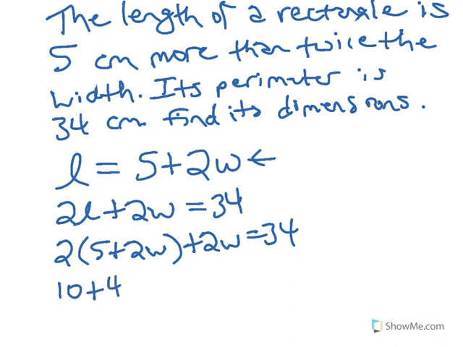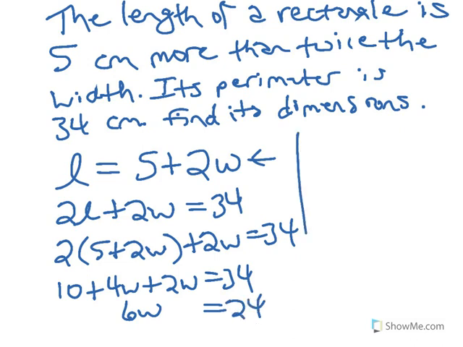You still have plus 2W equals 34. Combine like terms, 4W plus 2W is 6W, and subtract 10 from each side. 34 minus 10 is 24. Divide both sides by 6, and we discover that W is equal to 6.